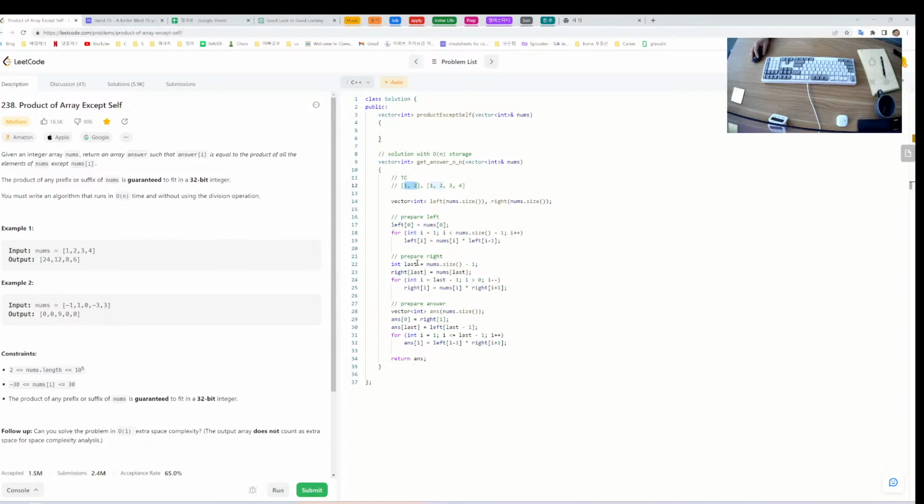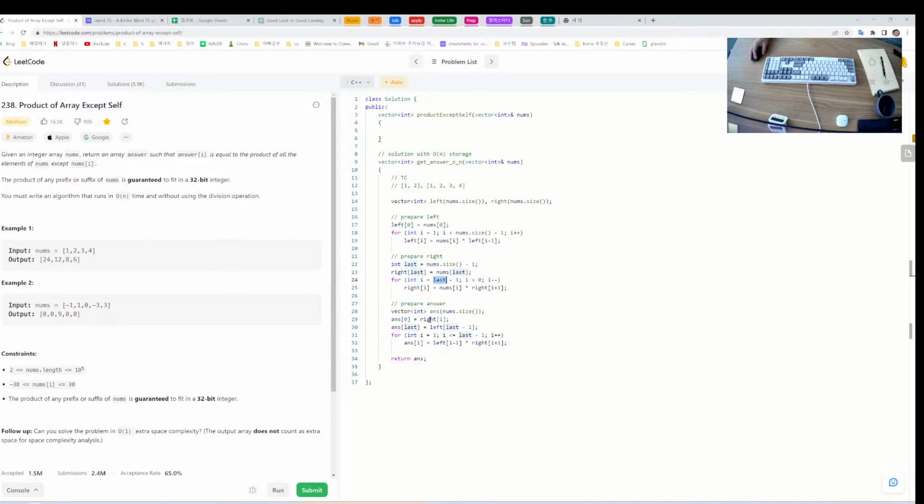And here last is 1, so right 1 is this one, and the loop from 1 to last minus 1 is 0, so this will be skipped.